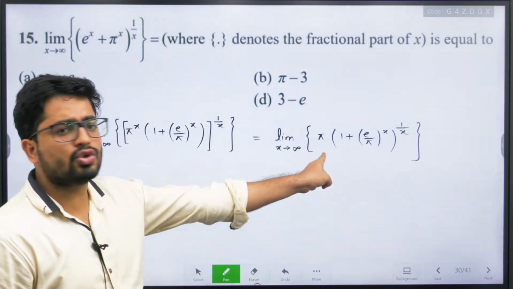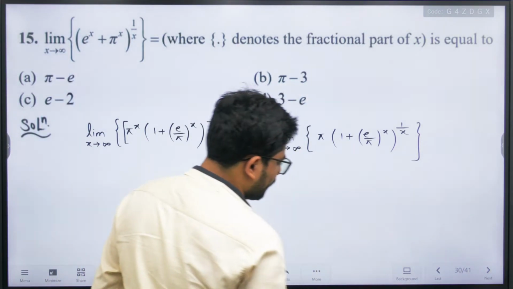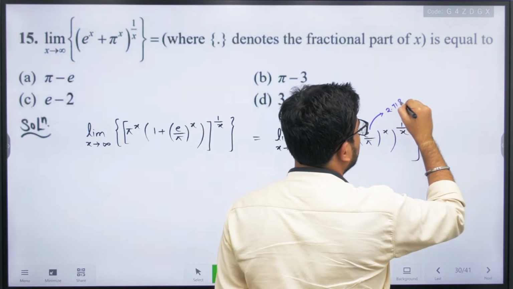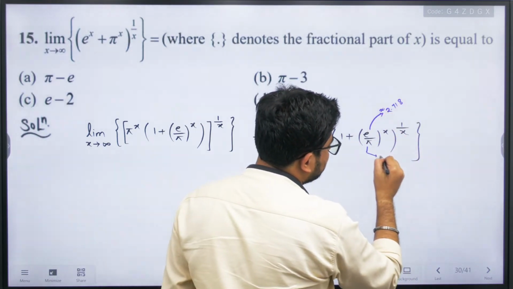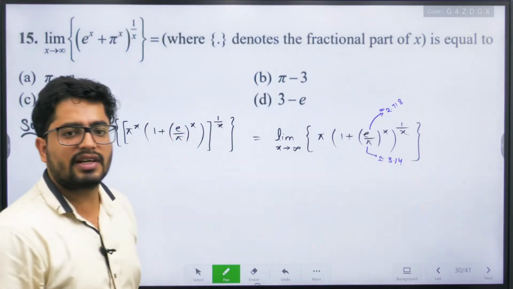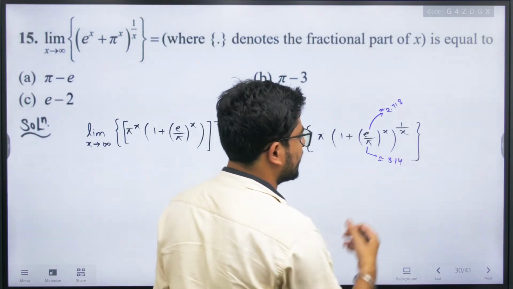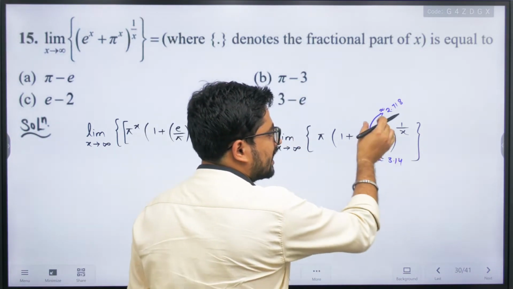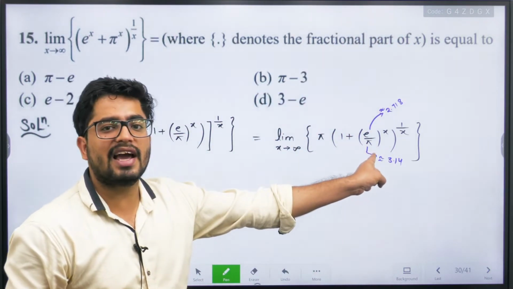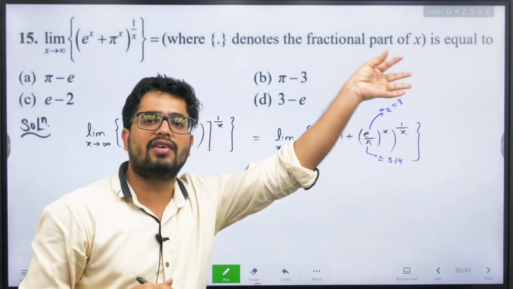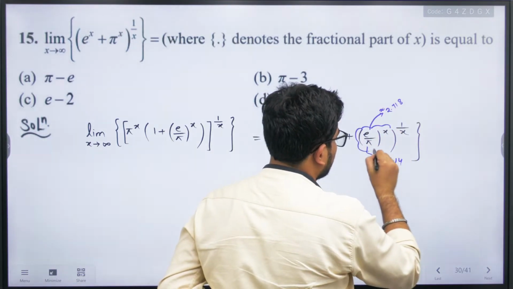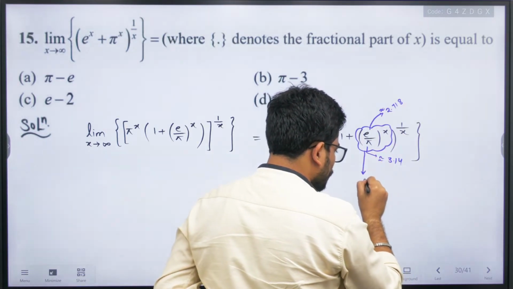Now x tends to infinity. And e by pi is what? e is approximately 2.718 and pi is approximately 3.14. So e by pi is less than 1, lying between 0 and 1, and a number between 0 and 1 to the power infinity tends to 0. So this whole thing tends to 0.